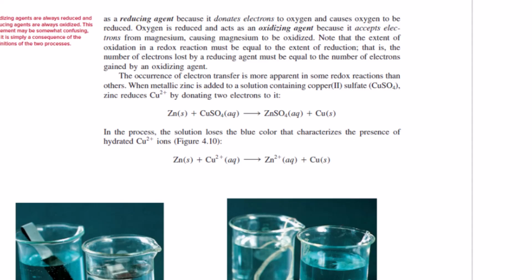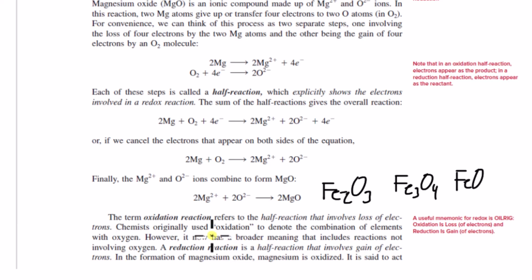You can think about how this is useful from the sense that early chemists used the term oxidation to describe elements combined with oxygen, right? So these elements are oxidized when they combine with oxygen in a chemical reaction. So you can view oxygen as an oxidizing agent. Oxygen is a well-known oxidizing agent.